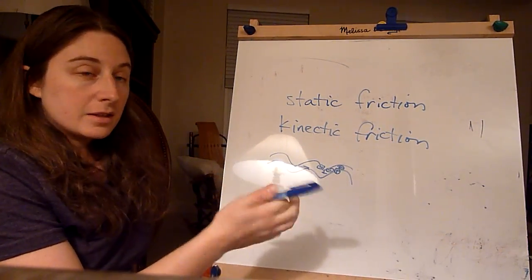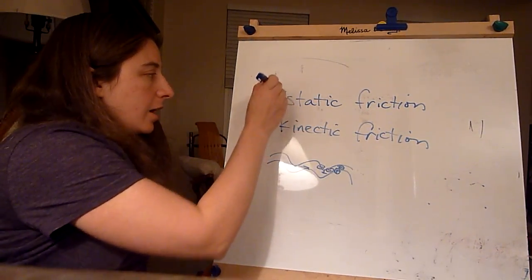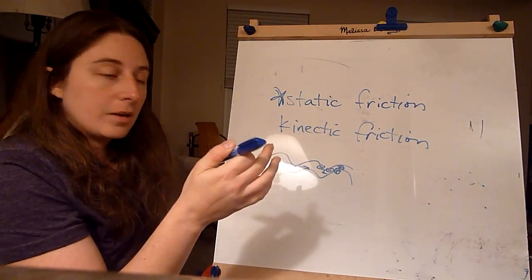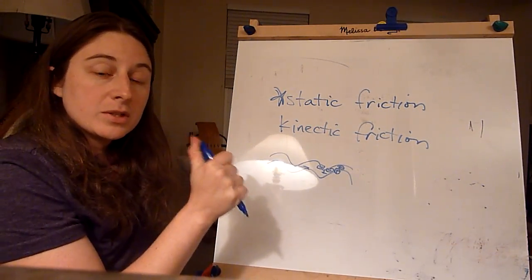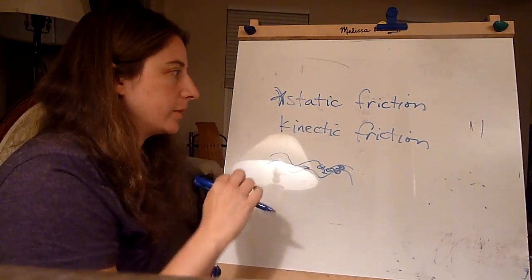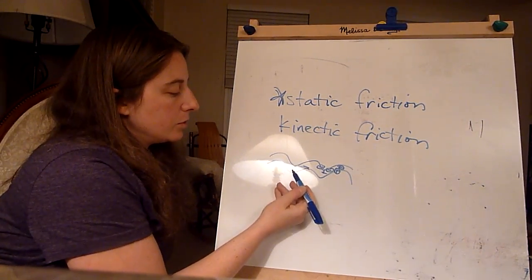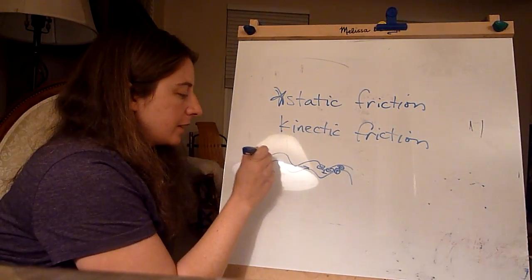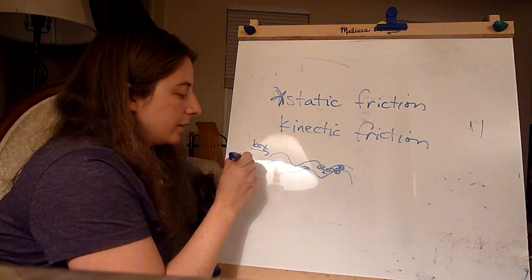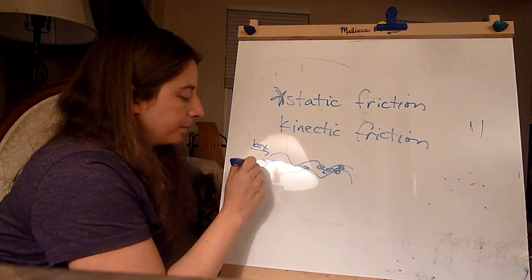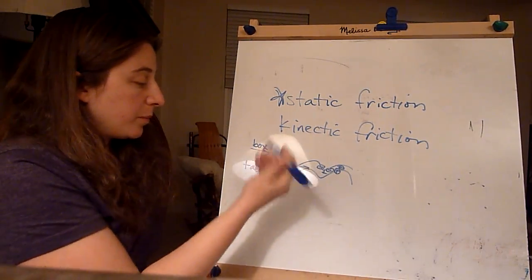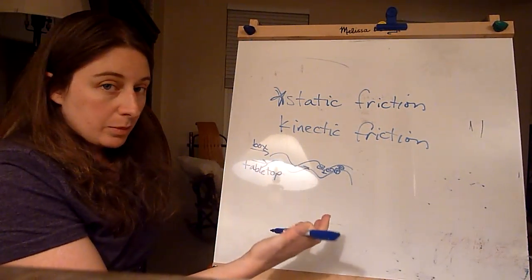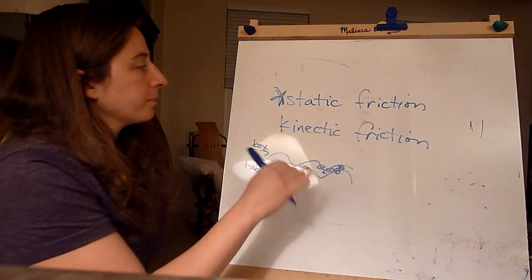What we see is when something is at rest, you have friction which is greater than when two things are actually moving in relation to each other. So let's say this thing is a box and this thing is a tabletop. Let's say the box is at rest on top of the table.